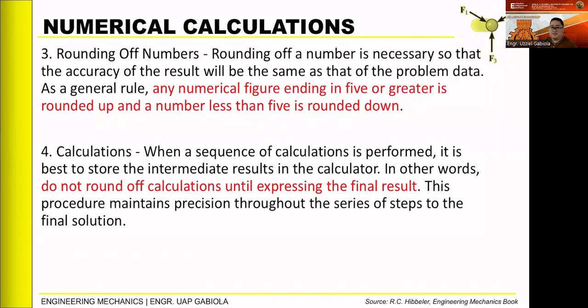Basta sa pinaka-final result, i-consider mo is kung ano yung nasa choices. Halimbawa ay 3 significant digits yung nasa choices, i-select mo lang yung kaparehas na makukuha mo doon sa final answer. Okay?